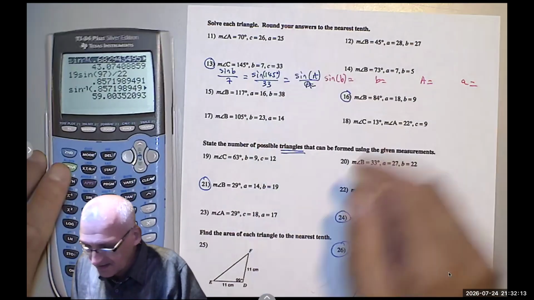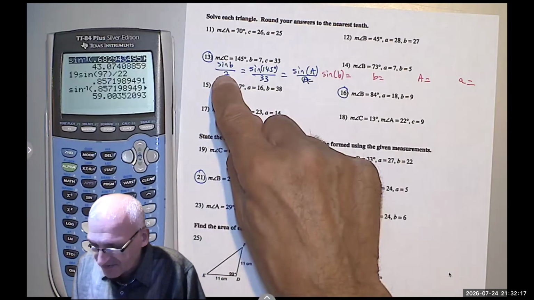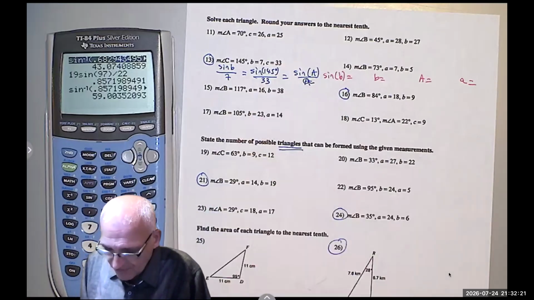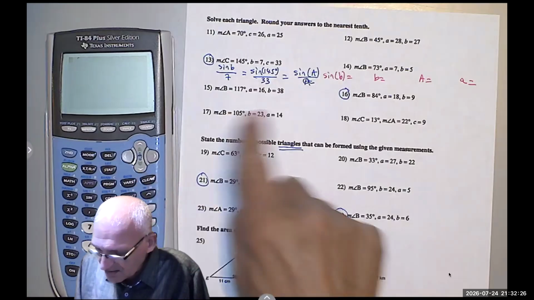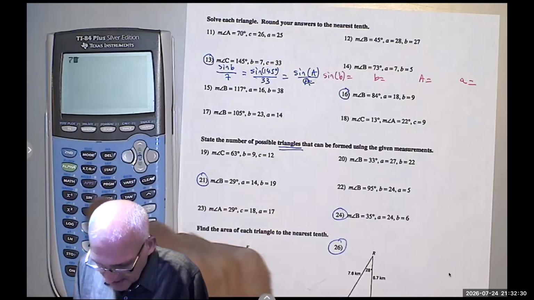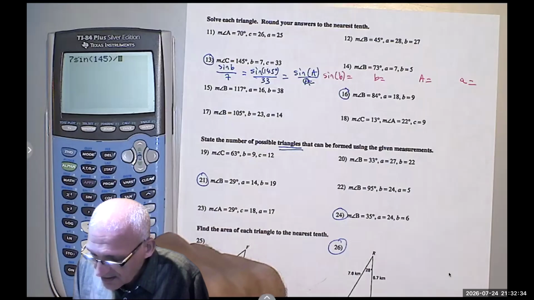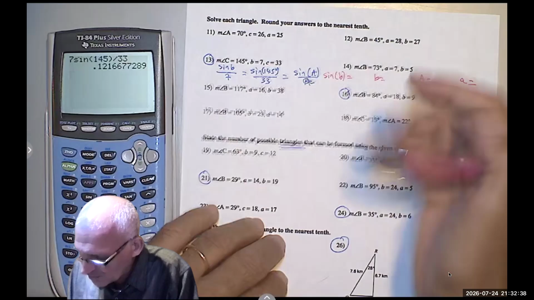The first thing is very easy, right? To find sine B, I'm going to multiply 7 sine 145 or sine 35 divided by 33. Let me clear this. Clean the screen. So 7 sine 145 divided by 33. 0.121.